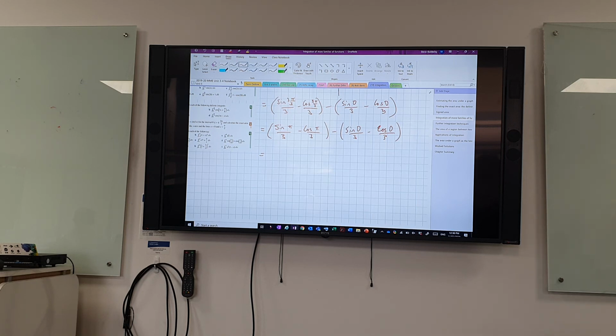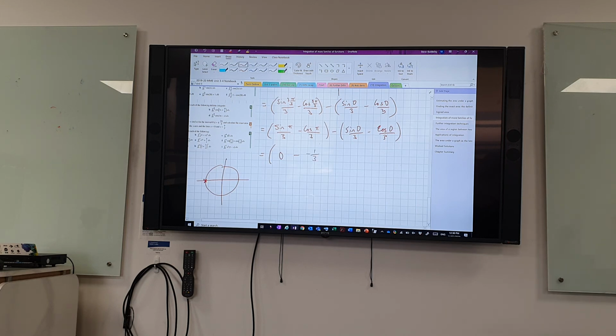So, what's sine of pi? 0. Good. What's cos of pi? Negative 1. Look, remember, if I draw a unit circle, it's based on how long you are horizontally, so it's definitely negative.